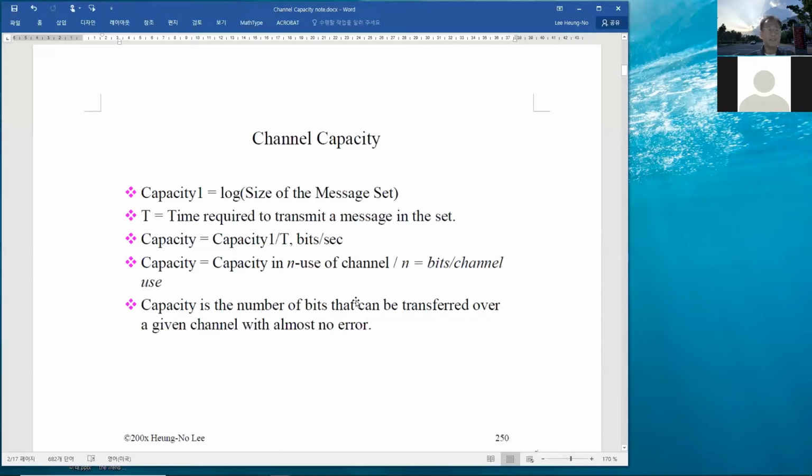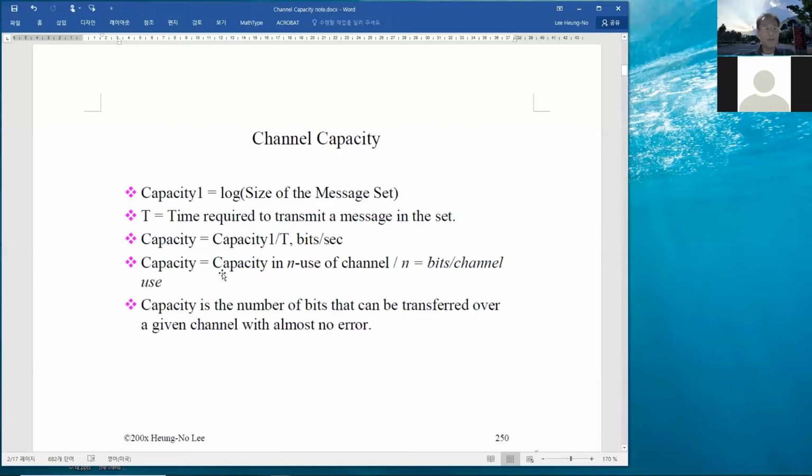If it requires you to use these physical channels n times to send a message, then the capacity can be defined this way, as the size of the message set that you can send. But in order to send a single message in the message set, you have to make n channel uses.